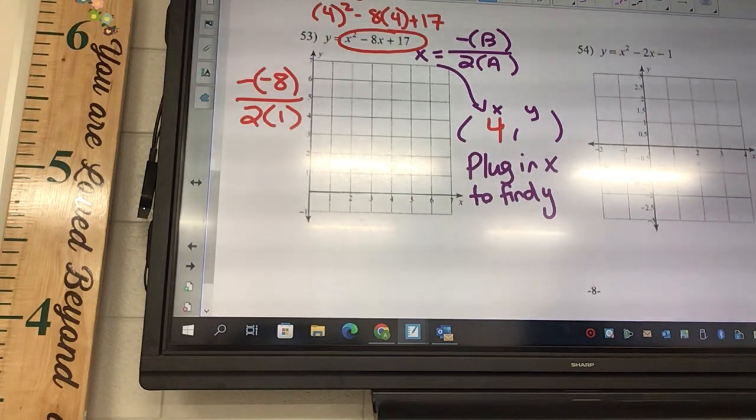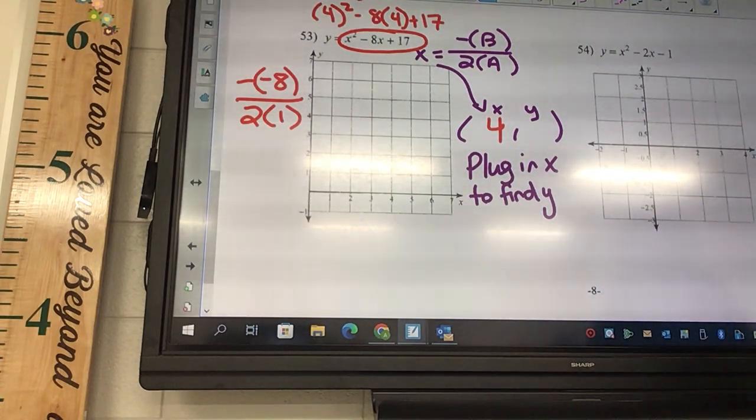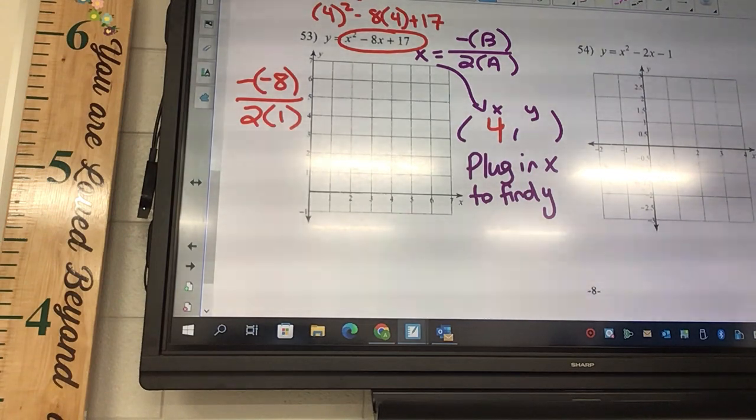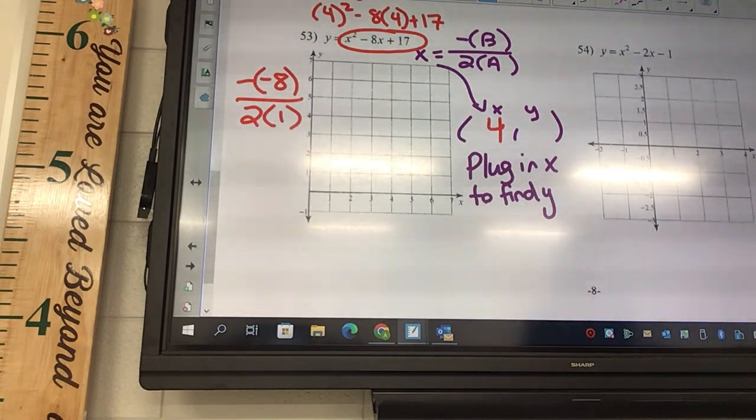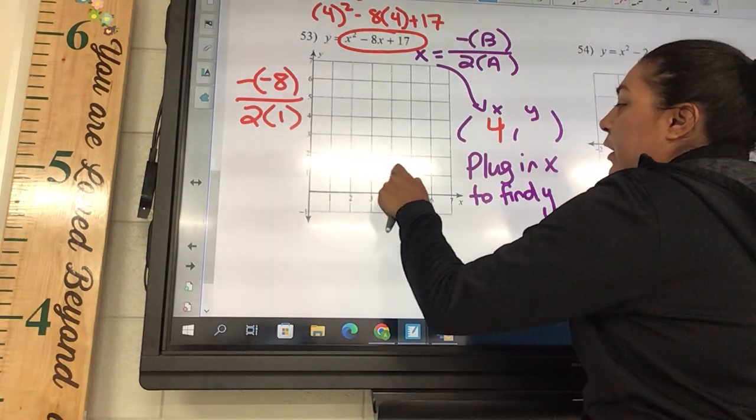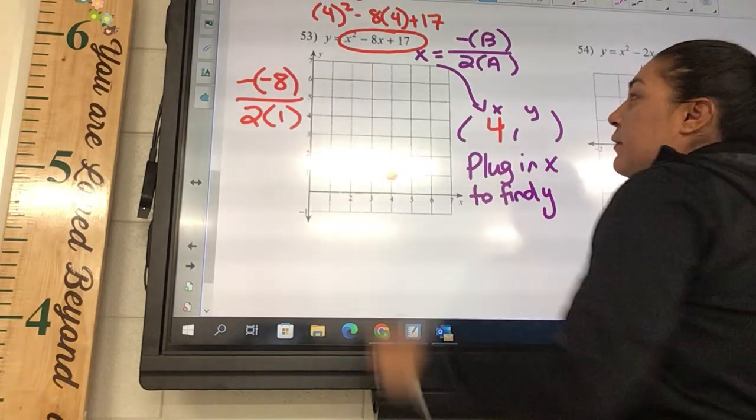What does that give you? 1. So that's our vertex.